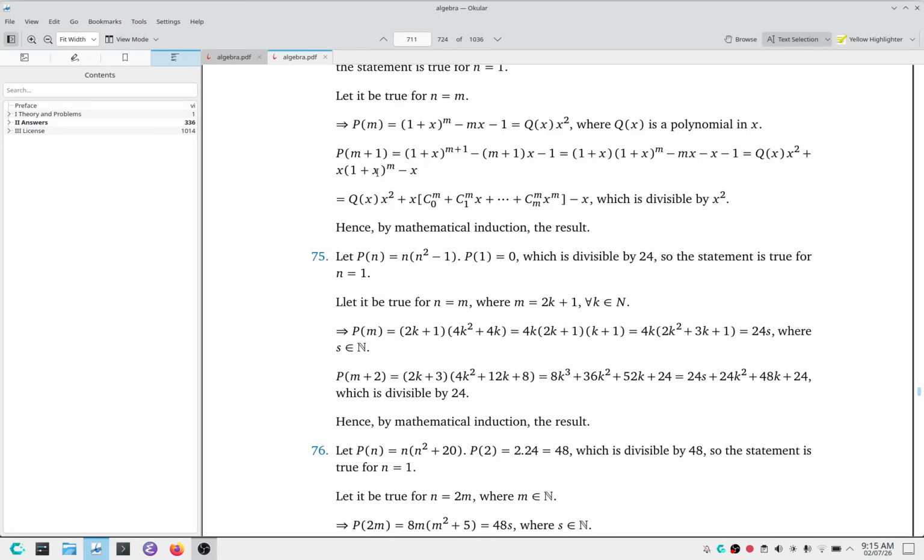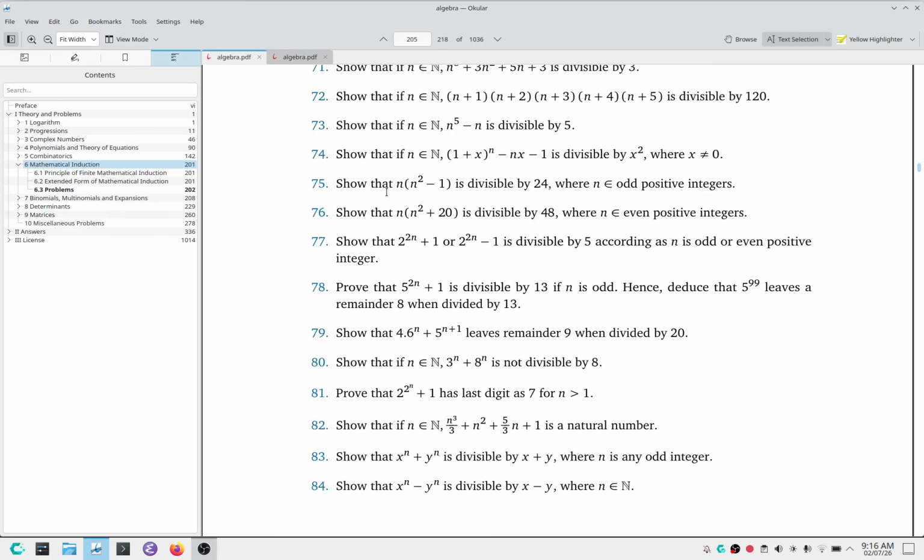Now we expand (1 plus x) raised to the power m and we get mC0 plus mC1 x and so on up to mCm x raised to the power m, minus 1, which is divisible by x square because x will cancel this mC0. mC0 is 1, so this will get cancelled, and then x will be multiplied by the remaining terms, so the power should be square and more.